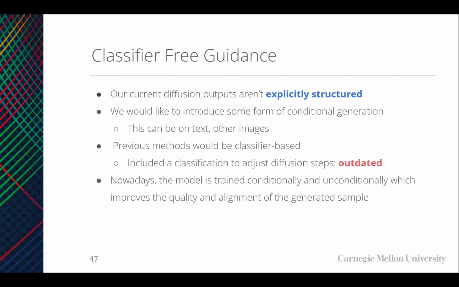To study that, we have to study classifier-based guidance, which essentially what it did in the past was introduce a form of classifier and use the gradients from that classifier, say an image classifier, to denoise your output further in a more structured way. We won't be covering that too much because nowadays that's essentially obsolete because it involved training your own diffusion model and a classifier model, which is not really straightforward.